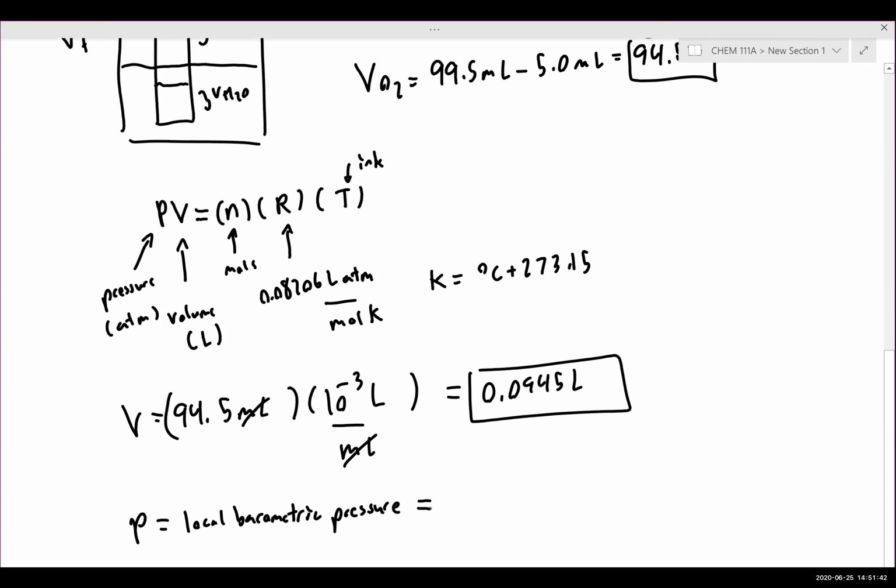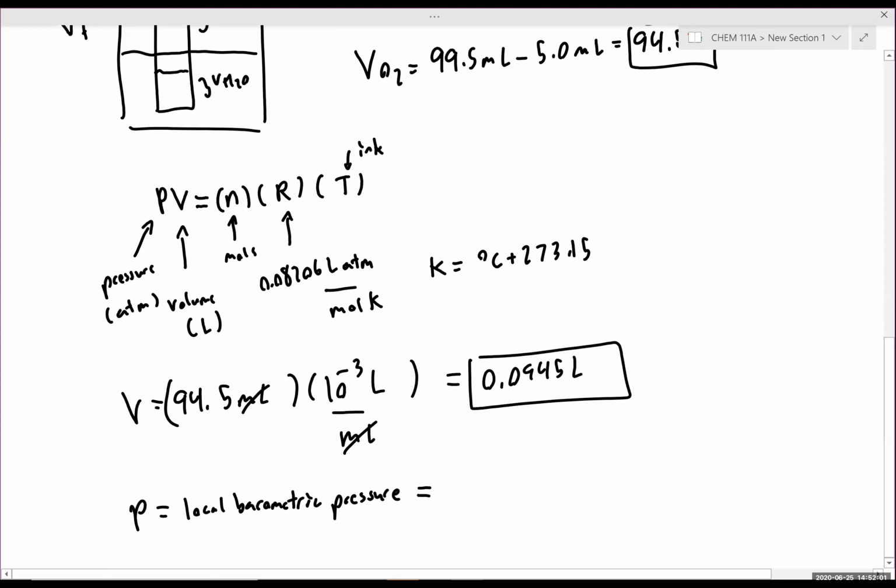Okay, so let's look that up. For our local barometric pressure, we have 758.2 millimeters of mercury.